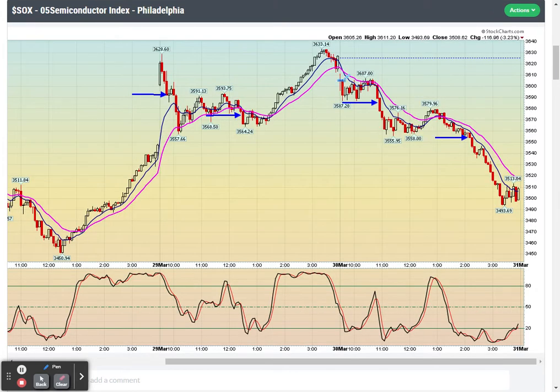Today it opened lower, kept going down, quick bounce, made a new intraday low, and that's when I decided to sell, where the arrow is pointing. That's where I liquidated 1/4 of my original position. And then here it also made a new intraday low, and that's where I liquidated the rest of my position.